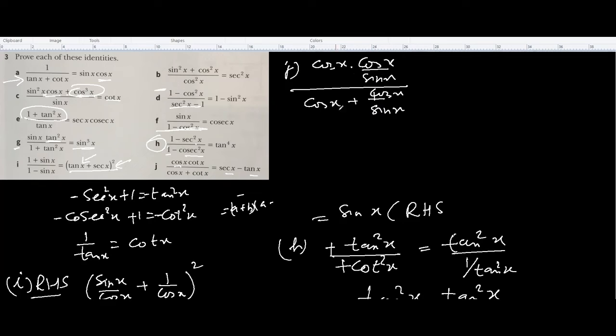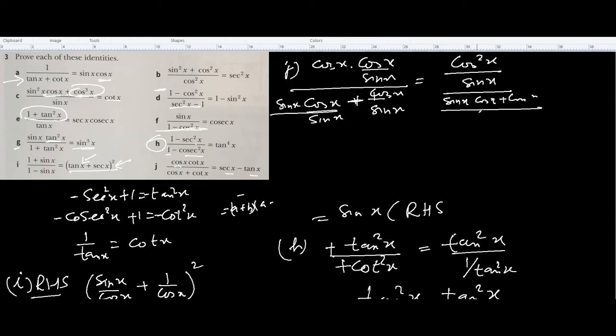In the denominator we have a plus, so we have to merge these two. So we can divide by sin x and multiply by sin x. It becomes cos square x over sin x, and this one will become sin x cos x plus cos x over sin x.